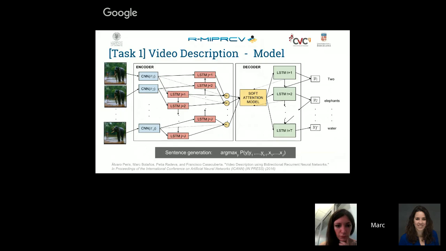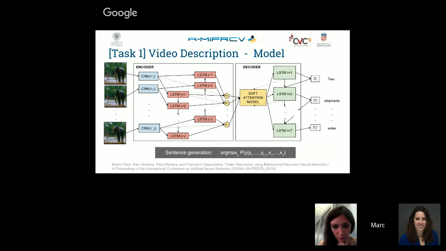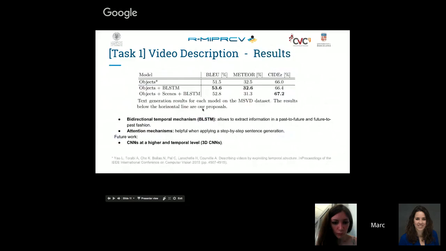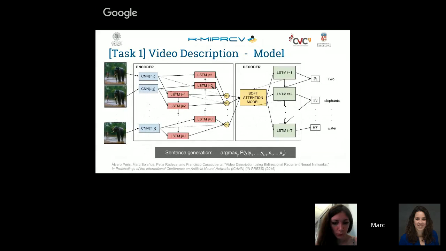I don't know if I've explained it very well. So you are capturing future and past information at the same time, right? Yeah. In the simple one, at the first time step, we only have information from the first image. But in the backward LSTM, we already have information from all the frames. So it's really a combination of both.